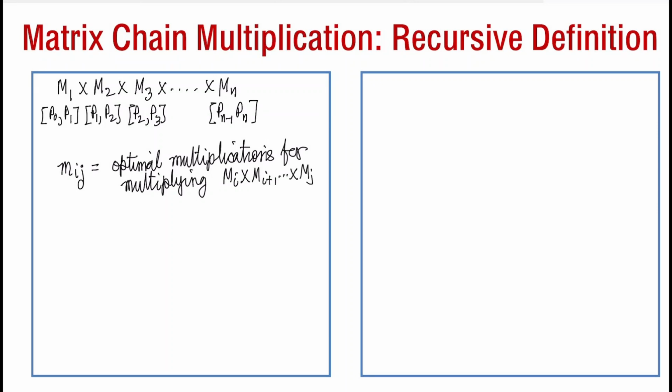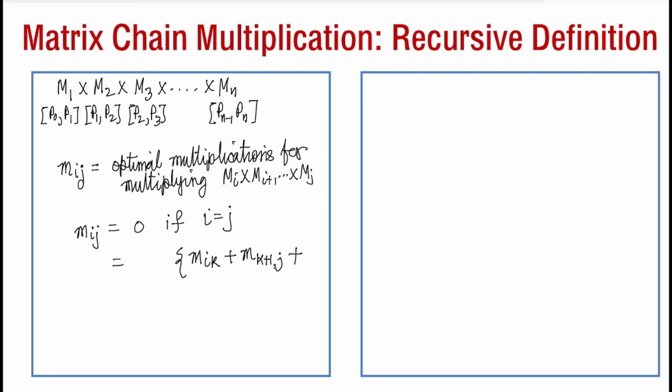Then the recursive equation is Mij is equal to 0 if i is equal to j, because it is M11, M22, etc. Otherwise, you have to look at all the options, that is Mik plus Mk plus 1 j.